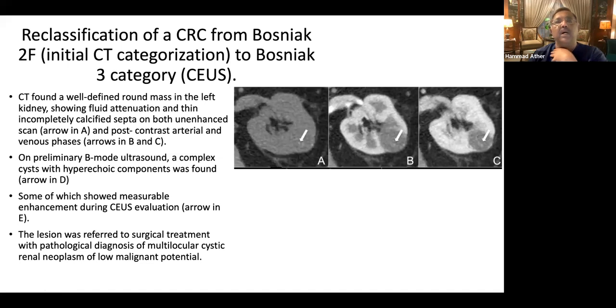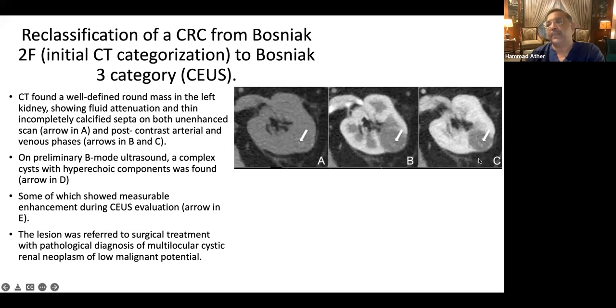In this case, a complex cystic mass was identified as a 2F cyst on the initial CT scan. This is the non-contrast CT. This is contrast-enhanced CT in the arterial and venous phases.